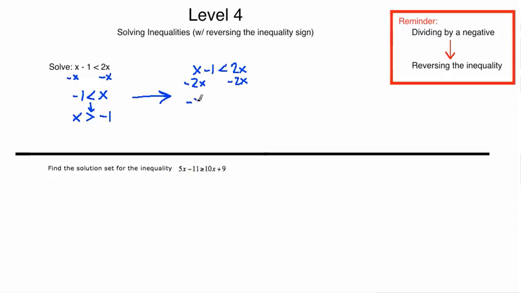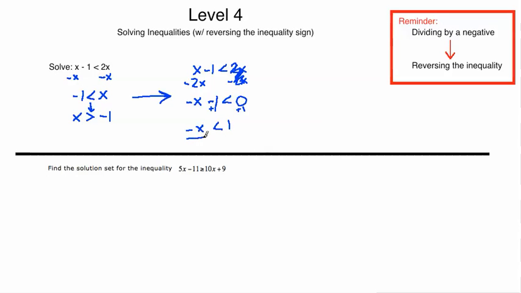So we'll have -x minus 1 is greater than 0, because this zeroes out. Then we'll have -x, add 1 to both sides. So we have -x is less than 1.